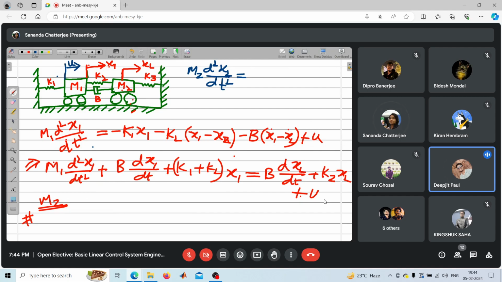This is equal to minus K3 x2, and in the opposite direction it will be minus K2 into x2 minus x1, and minus b x2 dot minus x1 dot.